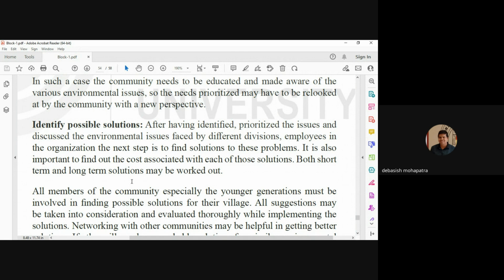Then we should involve the younger generation of the community in finding solutions for their village, because you also will become old next year. So the young people should be involved so that the organization goes on flourishing.